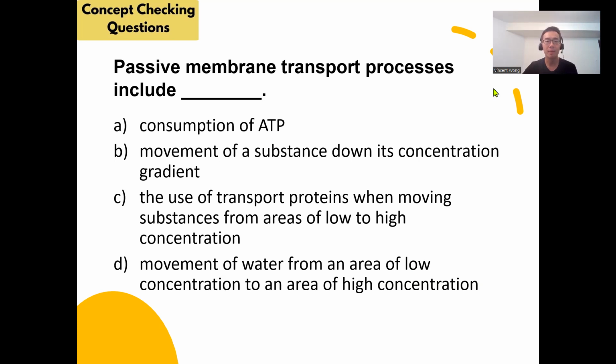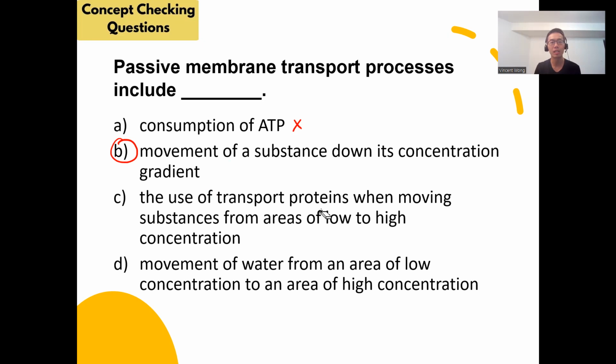So passive membrane transport processes include, all right, so let's see. First one, consumption of ATP. Nope, no ATP is required for passive transport, right? We literally just took a note on that. Movement of substance down its concentration gradient. That's the one. Goes from high concentration to low concentration. Okay, let's see why the other ones are wrong.